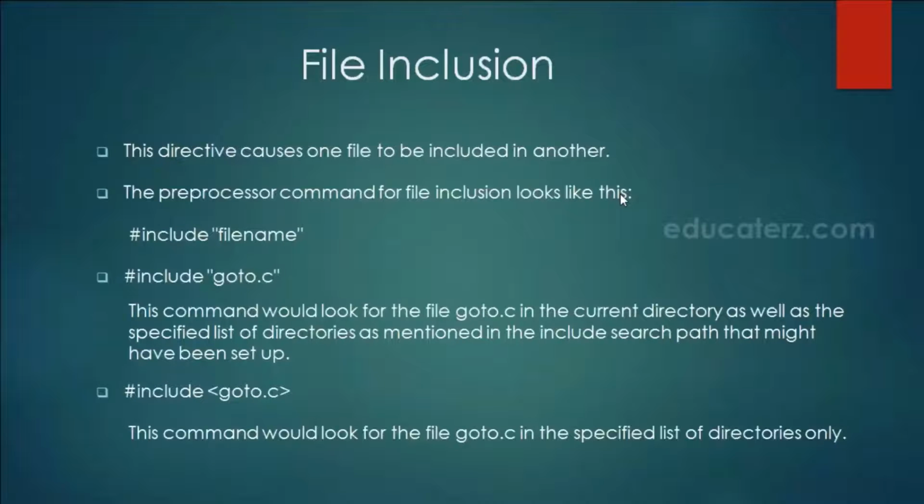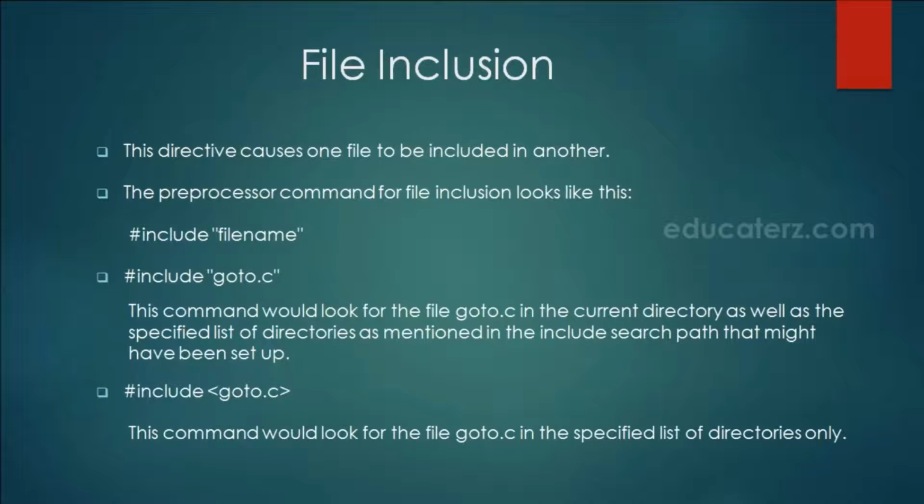Then we have file inclusion. This directive causes one file to be included in another. The preprocessor command for this is #include and the file name in double quotes. For example, #include "goto.c". Now this command would look for the file goto.c in the current directory as well as the specified list of directories as mentioned in the include search path that might have been set up.